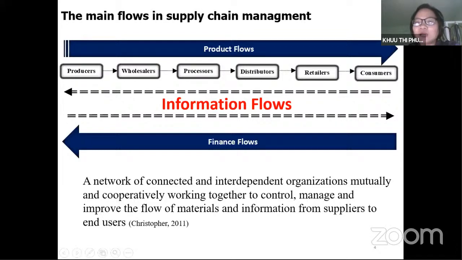As you see, in the supply chain, please remember that we have three flows: product flows, information flows, and financial flows. And supply chain management is the network of connected and interdependent organizational activity.